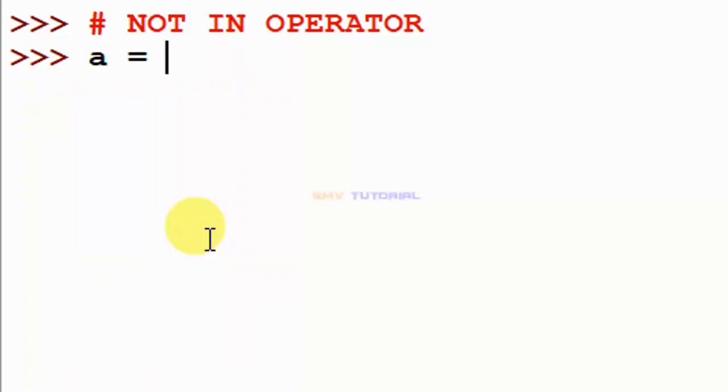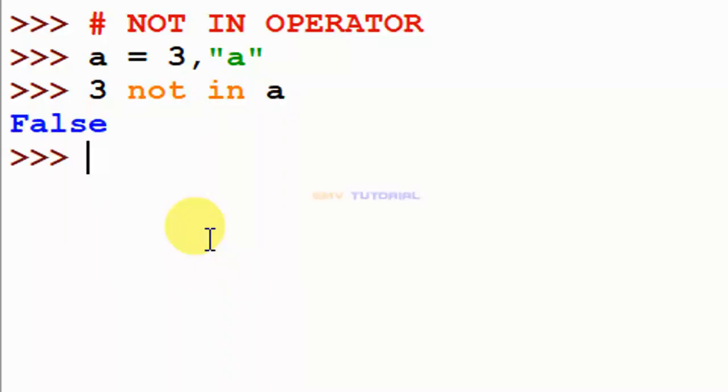A is equal to 1, 2, 3. And next I check this condition: 3 not in A. This condition is false. Why? Because 3 is inside the object, so 3 not in A is false.